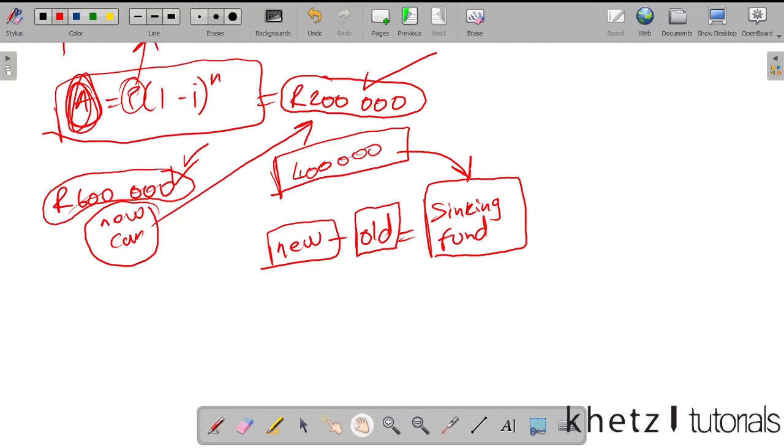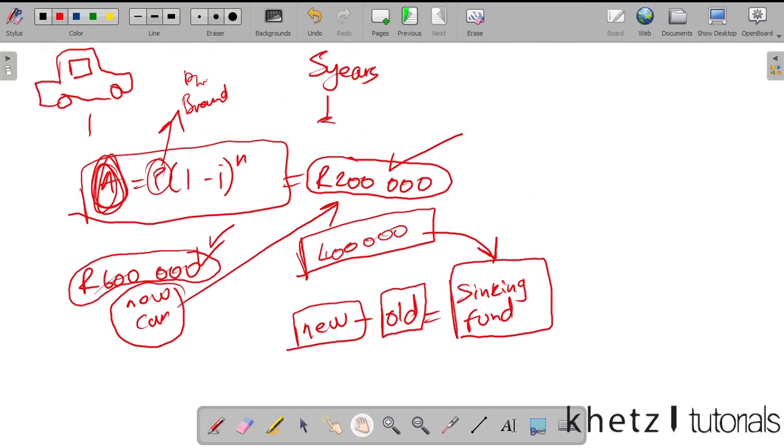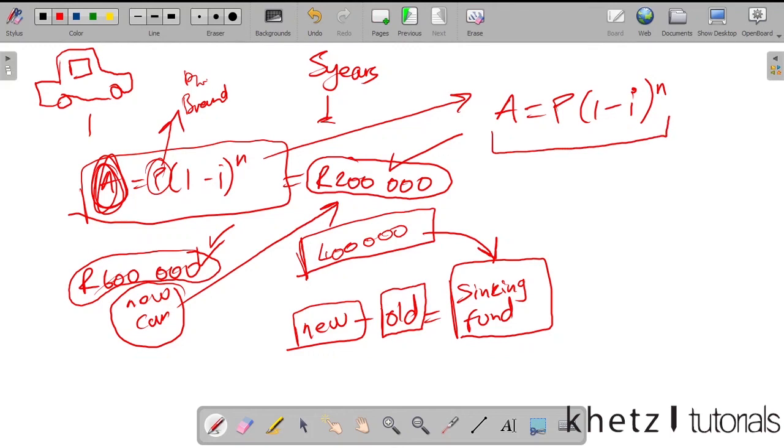Now, when we talk about the reducing balance, we are talking about this depreciation over here. The formula that you'd use to calculate the value of your car after a certain number of years. So you put the price of a brand new car over here, and it would decrease or depreciate over time using this formula, and that is called your reducing balance.